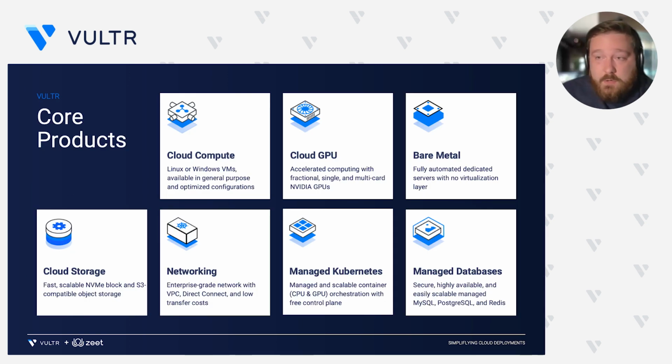So some of our core products I've already mentioned, so I won't go too in depth with these. We have cloud compute instances. These are virtualized instances that are either on shared infrastructure or dedicated compute infrastructure.